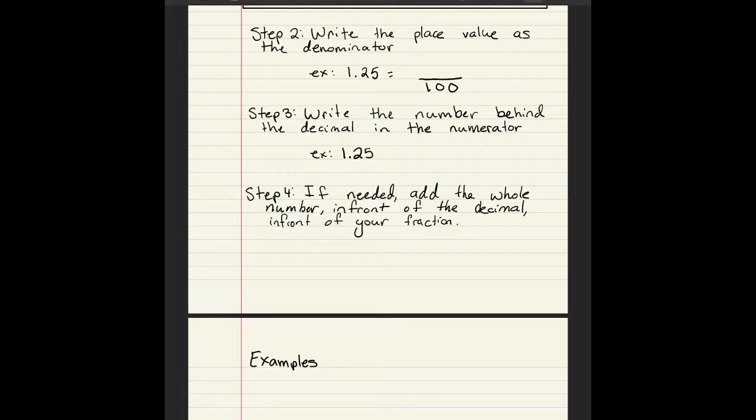You need to write the whole number that's behind the decimal, not just this 5. We look at just the last digit to find the place value, but then you write the whole number when you're writing the fraction. So we have our 100, and it's 25.